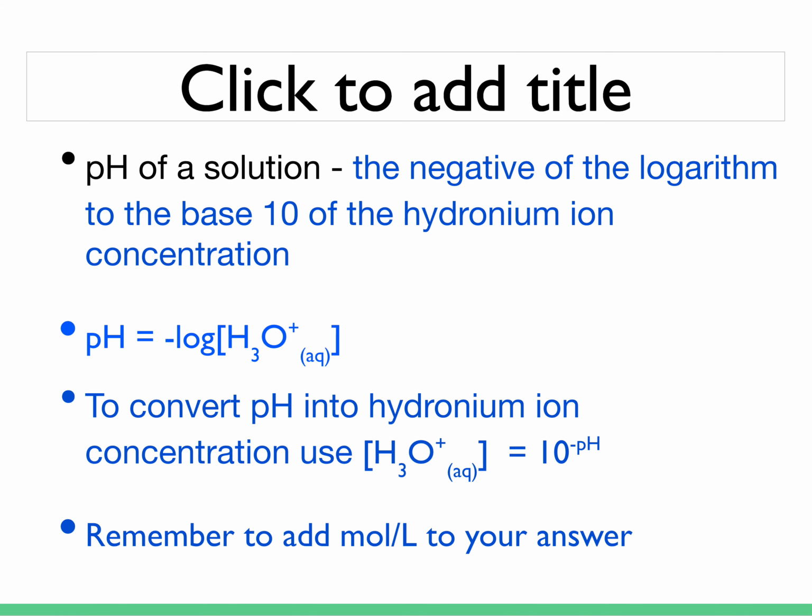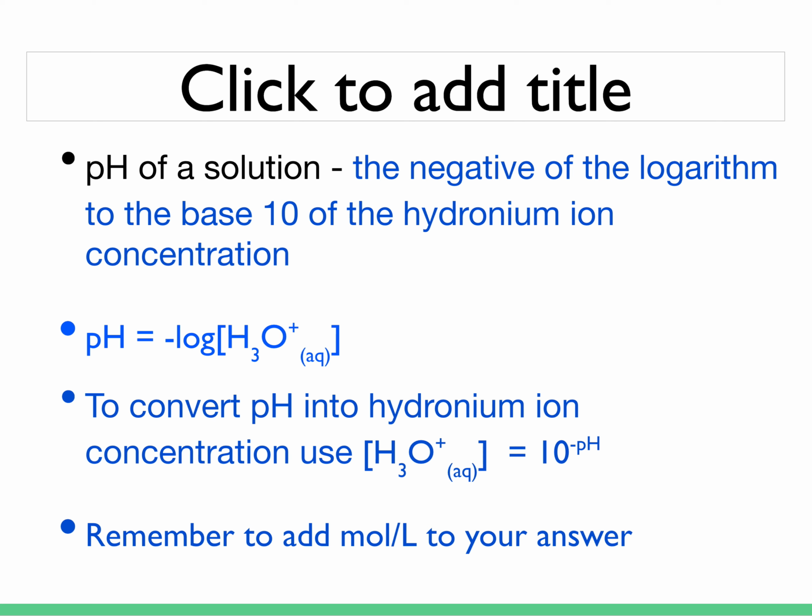So our pH will be equal to the negative log of the concentration, and it's the negative log, which is why 7 on the pH scale is a positive number. If we want to figure out from the pH what the hydronium ion concentration is, it's just equal to 10 to the power of negative pH.